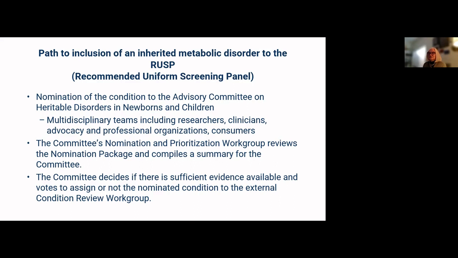This is because you need to provide all the evidence necessary for the committee to make a decision and evaluate whether this condition is really meeting all the criteria to be included. Again, that's where having a partnership with all the players involved is very, very important.